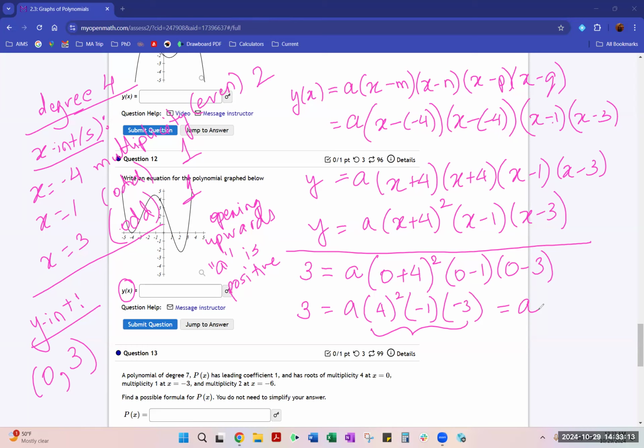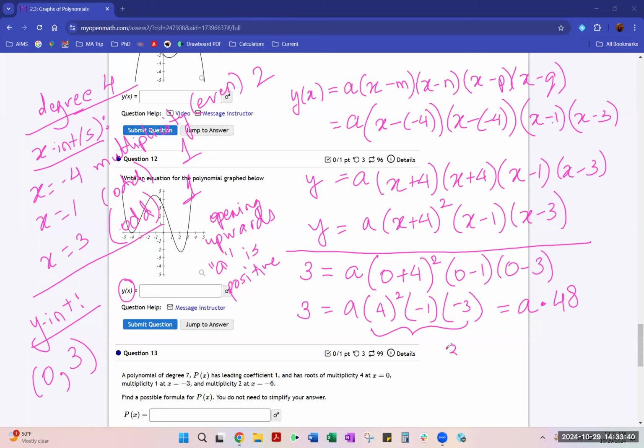And then you are doing 16 times -1, which is -16. And then -16 times -3. Of course, 2 negatives become positive. So 16 times 3 ends up becoming 48, right? So 4 times 4 will give us 16. 16 times -1 is -16. -16 times -3 will end up giving us positive 48.